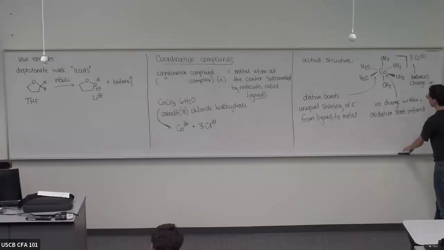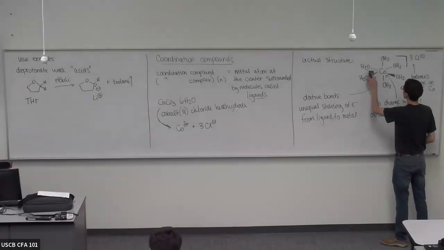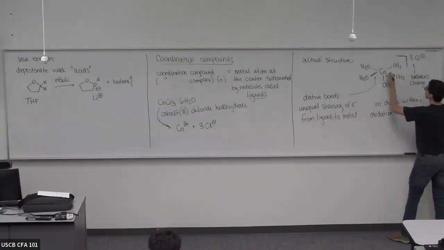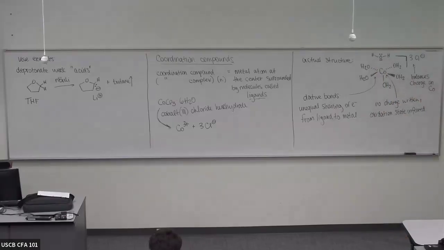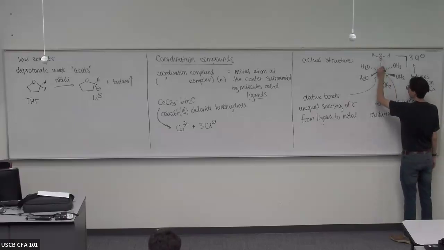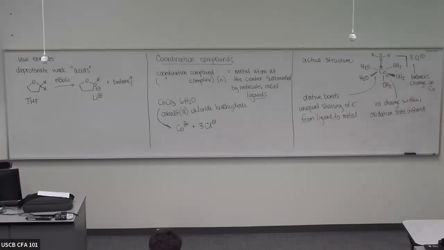So another way you could say this is, here's our water molecule. It's got 2 lone pairs on the oxygen. One of those lone pairs is interacting with, reaching out toward the cobalt in order to give the cobalt more electrons.